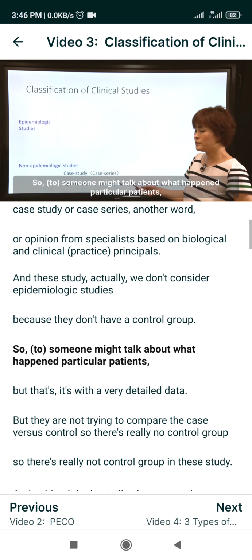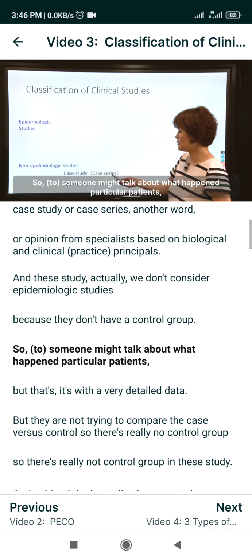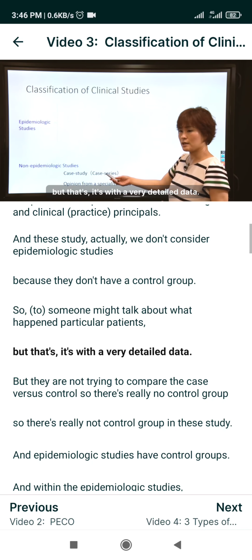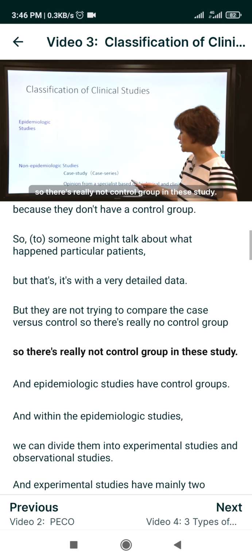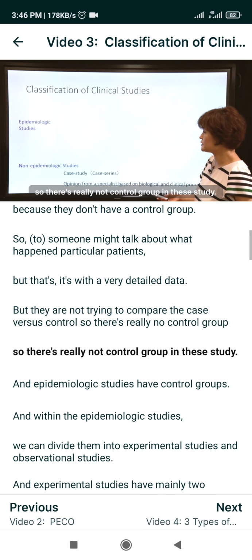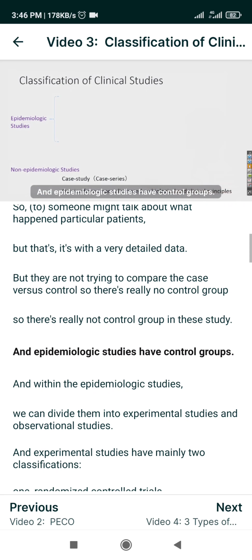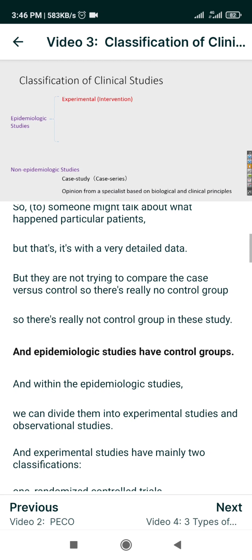Someone might talk about what happened to particular patients, with very detailed data, but they are not trying to compare the case versus control. So there's really not a control group in this study. And epidemiological studies have control groups.